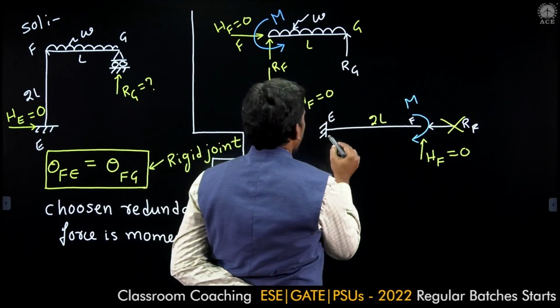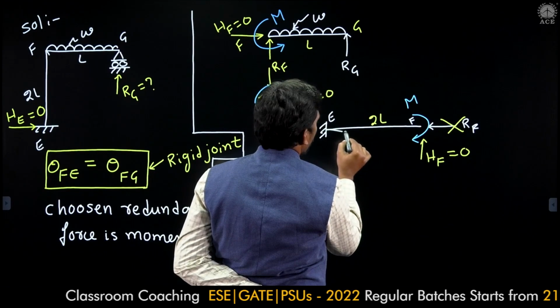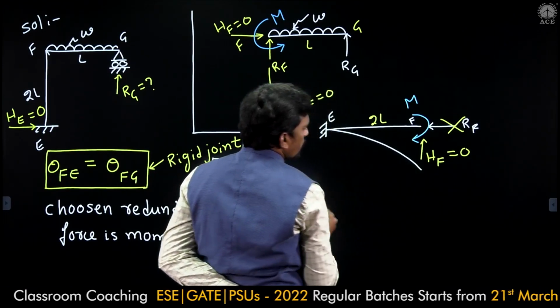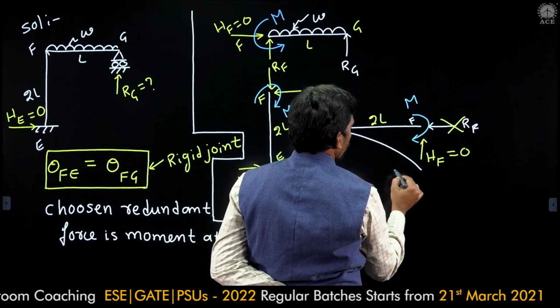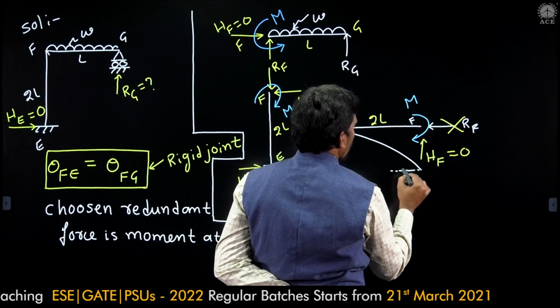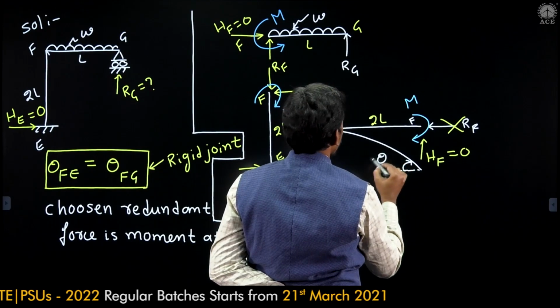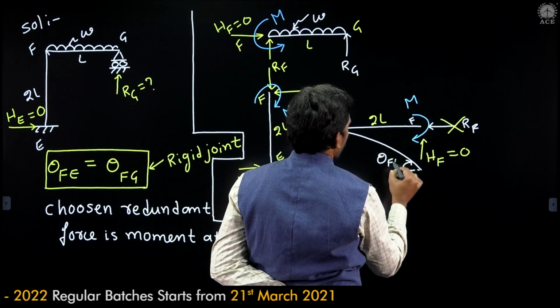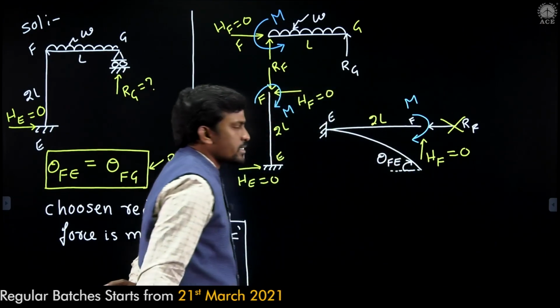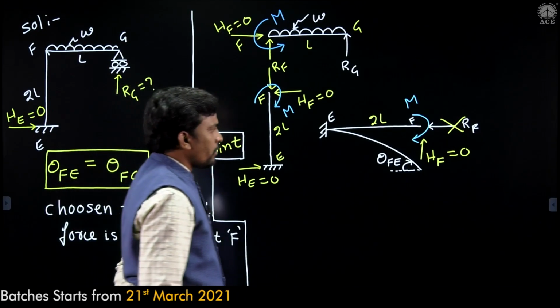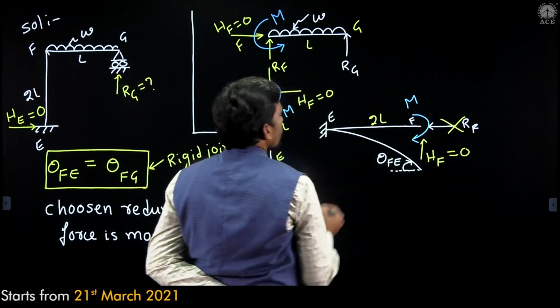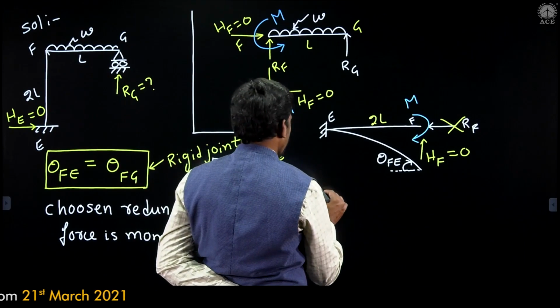If I draw the deflected profile below like this, then only with respect to horizontal will we get the clockwise rotation. Now this is the rotation of FE.